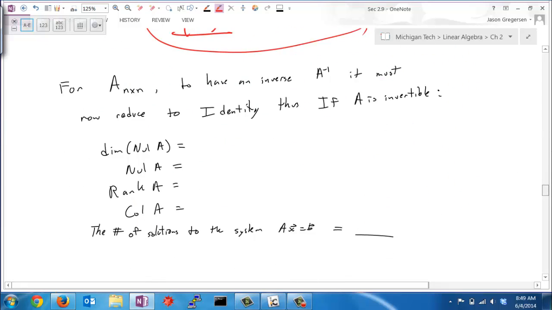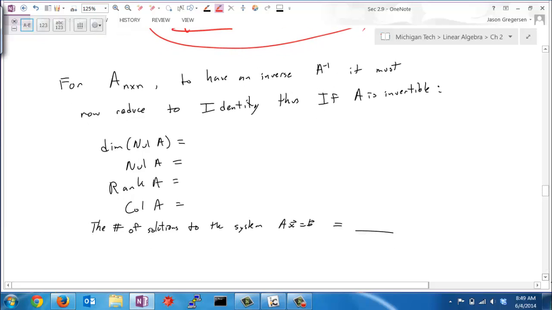Okay. So now we got to tie this back in to some stuff we already know. For A, which is an n by n, that's an important qualification here. To have an inverse, we must be able to row reduce to identity. Thus, if A is invertible, we're going to know some things about the dimension of the null space, all these things.